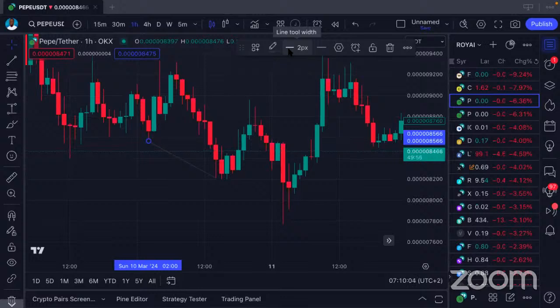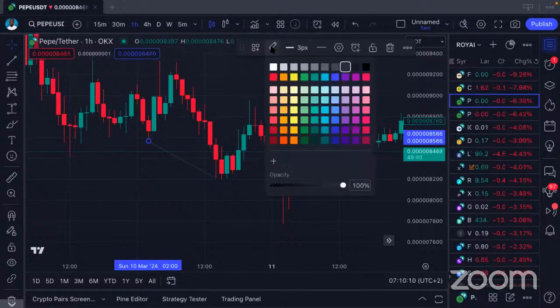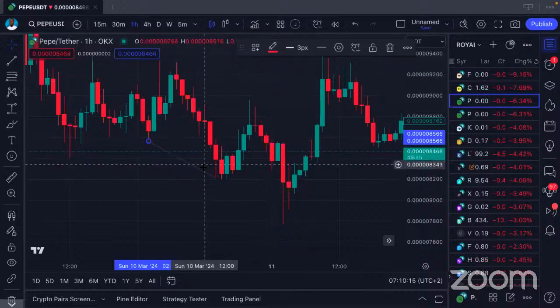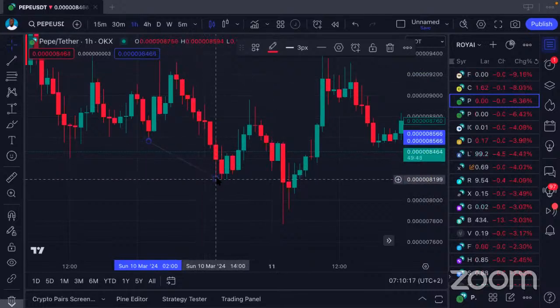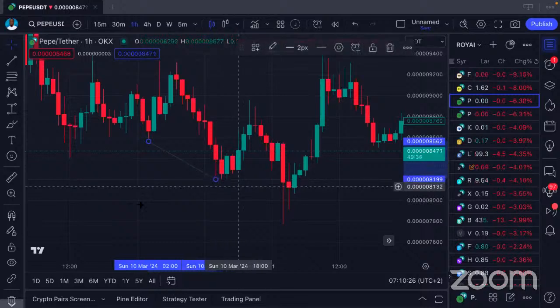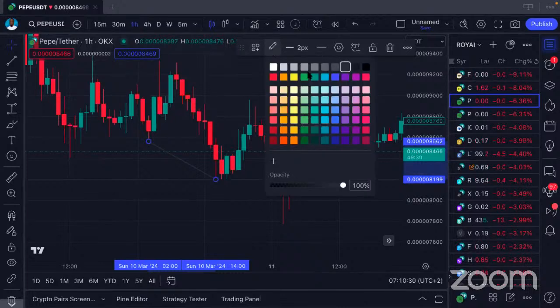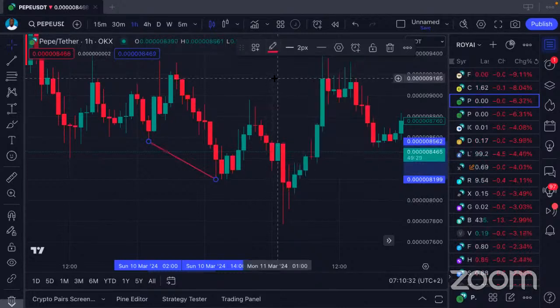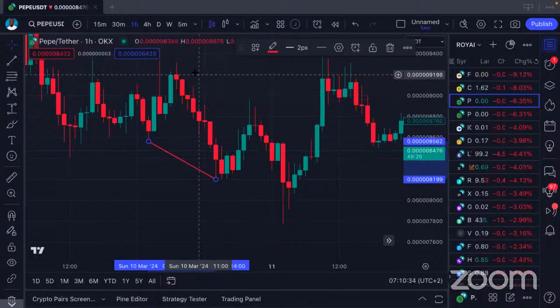Let me work on the color and make it a little bit visible, a red one. I'll connect those lower points together. All right, good.